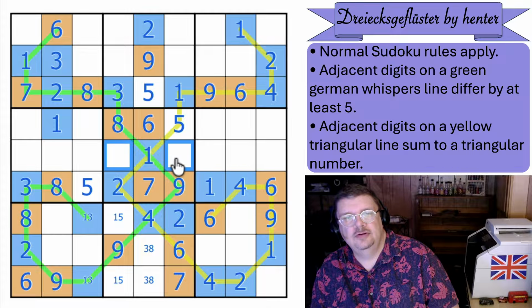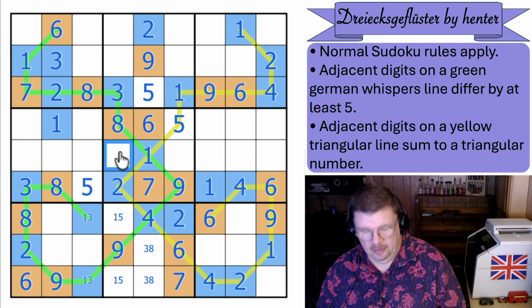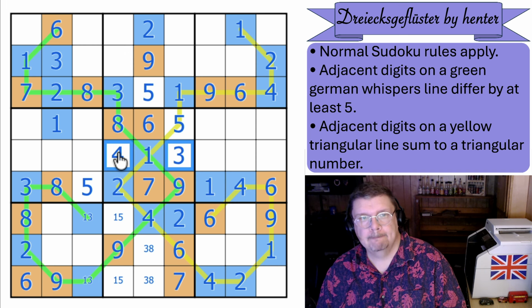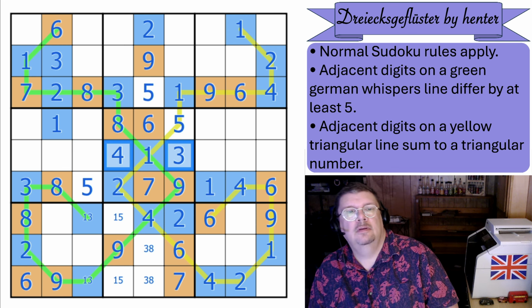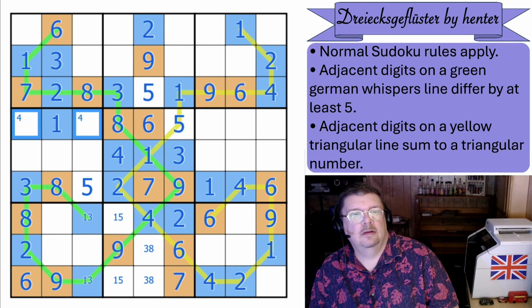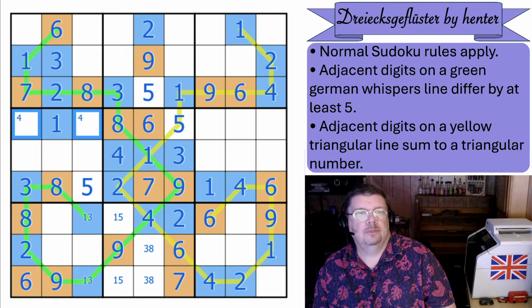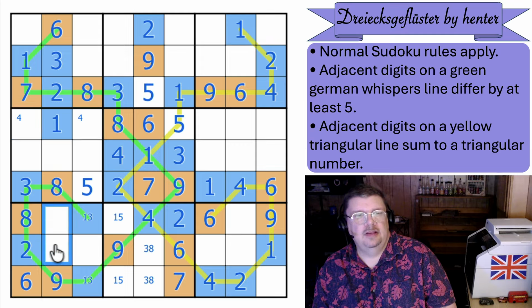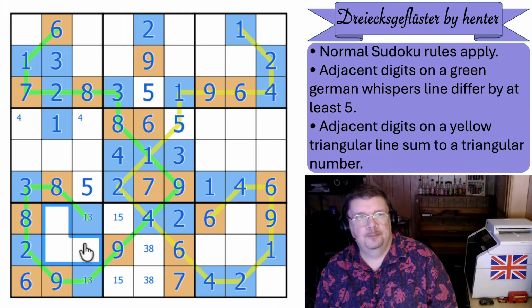Okay, so these 2 digits are 3 and 4, and I do know the order of those. That puts a 4 into one of those 2. Don't think I can see which way round yet. Okay, these 3 digits are 5, 7, and 4.